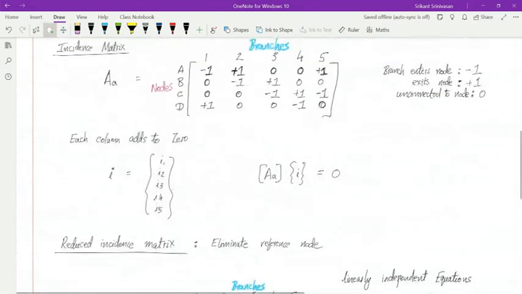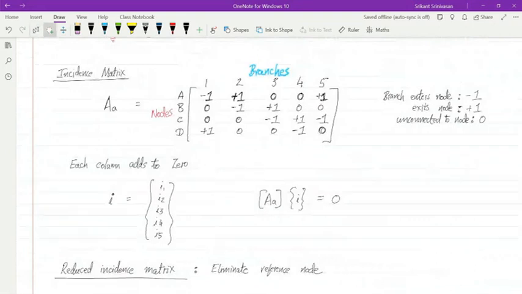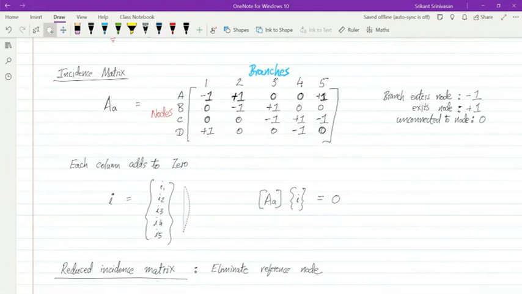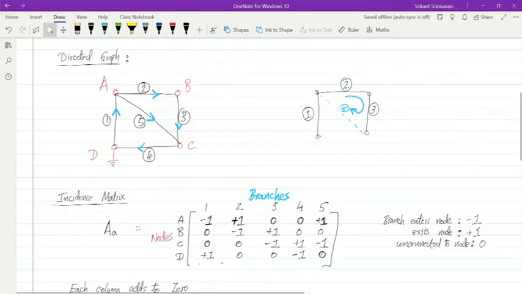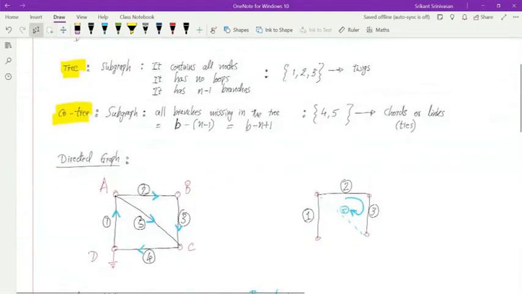And if you were to consider this original incidence matrix, then if you consider this fourth row, if you were to multiply with this vector over here, then what will the fourth row tell you? It will say that I1 minus I4 is equal to 0. If I1 minus I4 is equal to 0, it means I1 is equal to I4, right? So that is linearly dependent.